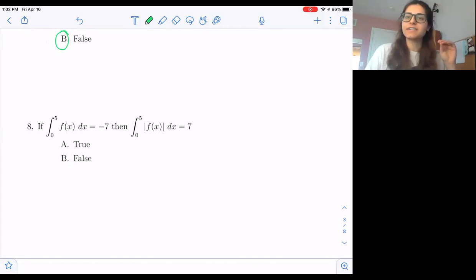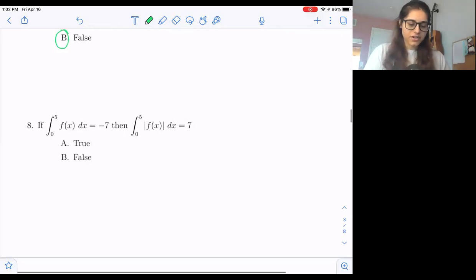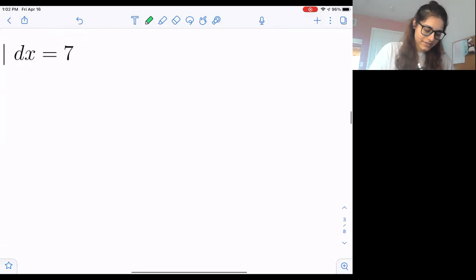the integral is telling you the change, right? The overall change from 0 to 5. It doesn't necessarily mean that it's distance traveled, right? So how far you go is different from how far you went from the first point to the second point. So say you're driving a car. This is your starting point.